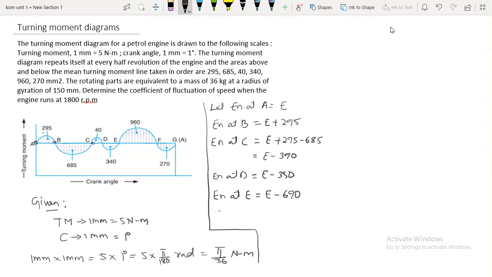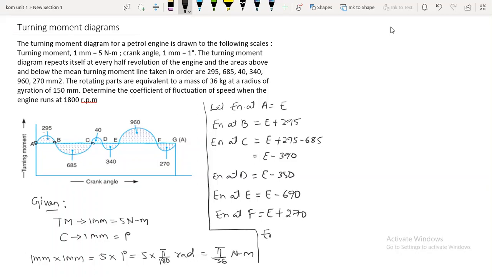Then the energy at F will be E minus 690 plus 960, that is E plus 270.